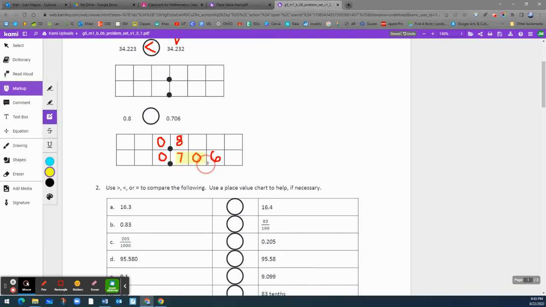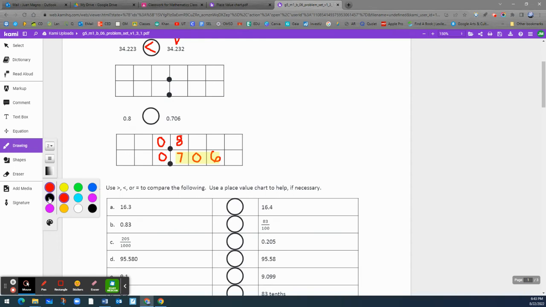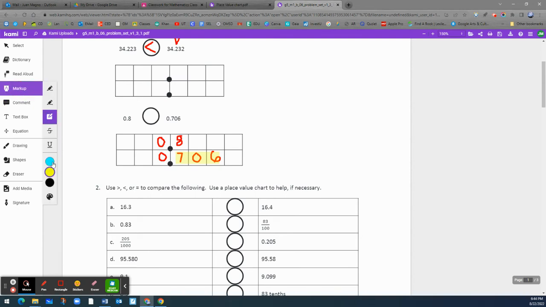Now, here's the tricky part about this. This 706 sounds and looks bigger than the number above. However, here's the tricky part. Here, you have to compare by place value. And this is what's going to make you successful. For example, we have 0 ones and 0 ones. They're the same in this area.